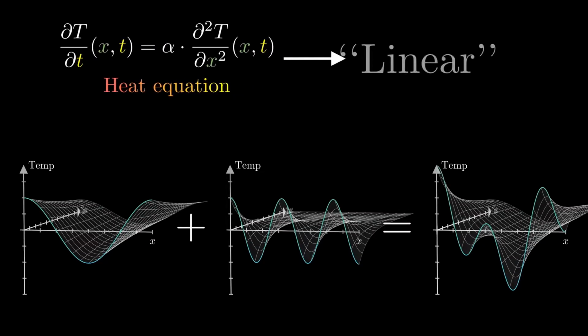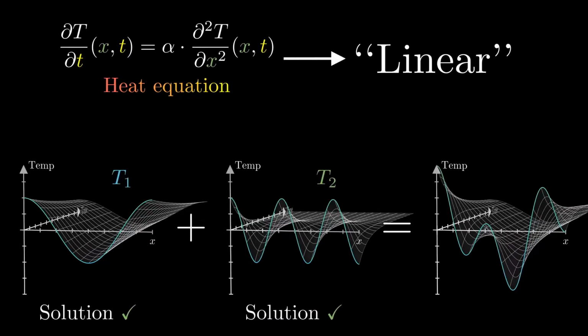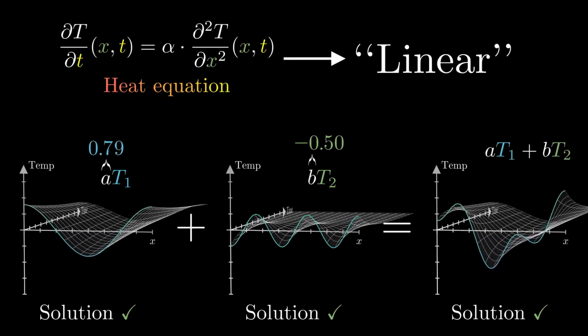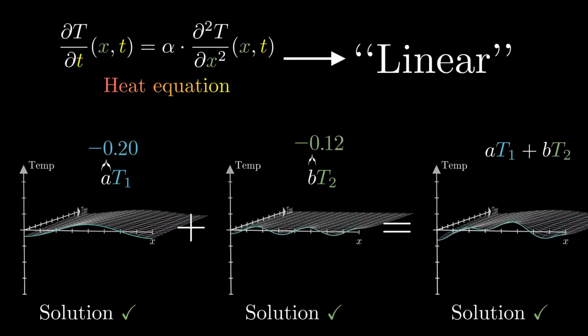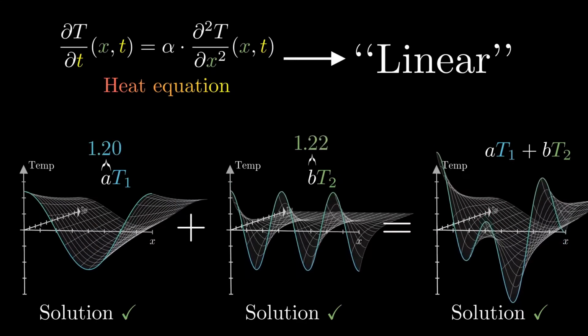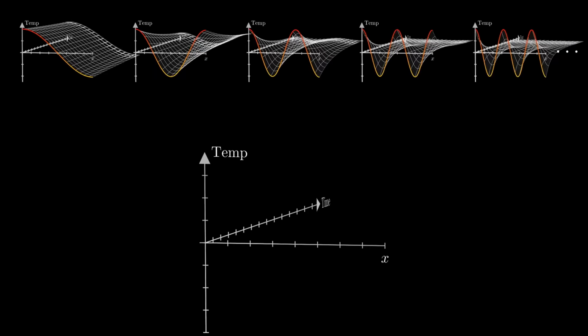So, the heat equation happens to be a linear equation, meaning if you know two solutions and you add them up, that sum is also a new solution. You can even scale them each by some constant, which gives you some dials to turn to construct a custom function solving the equation. This fairly straightforward property is incredibly important.